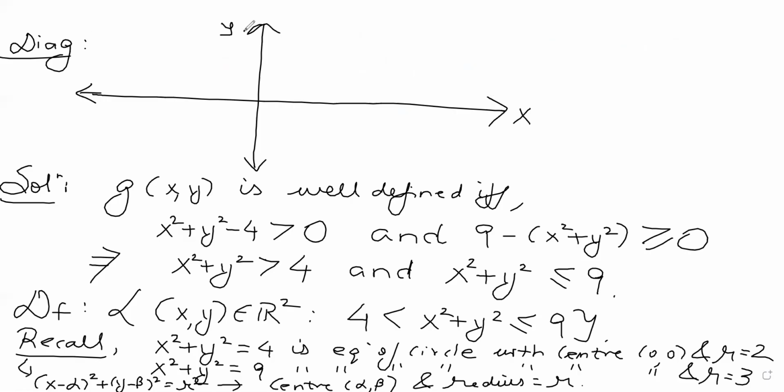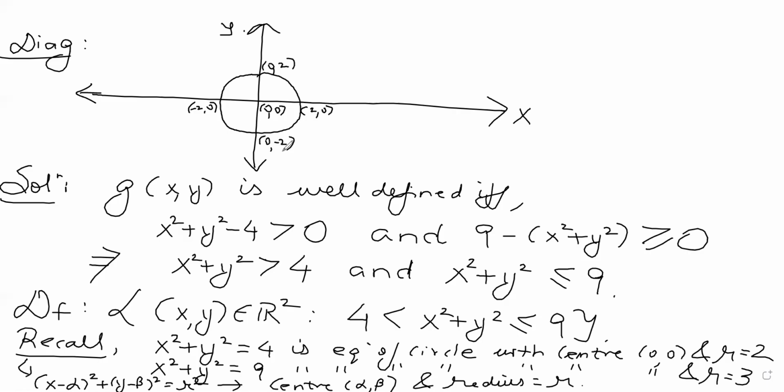First of all, we are plotting x square plus y square equal to 4. It's going to be a small circle with the center at (0, 0), and the radius is 2. So this is (2, 0), (0, 2), (minus 2, 0), and (0, minus 2).